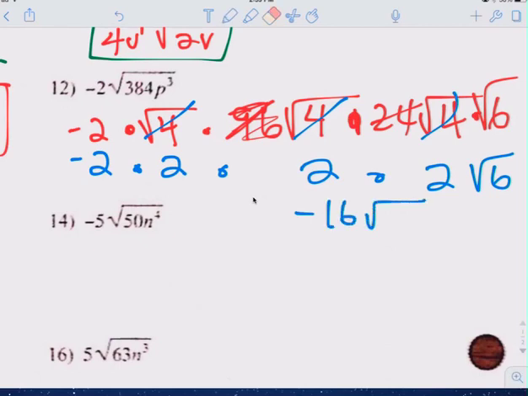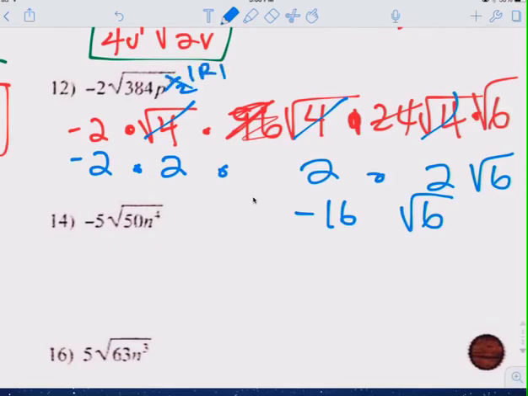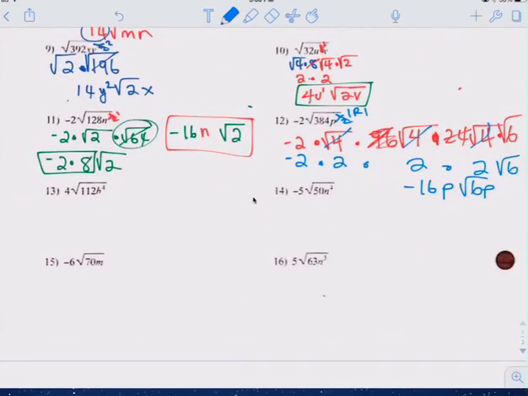Negative 16 radical 6. But there's the p, right? Divide that by 2, which is p, 1 remainder 1, right? 1 p outside, 1 remaining. Got it?